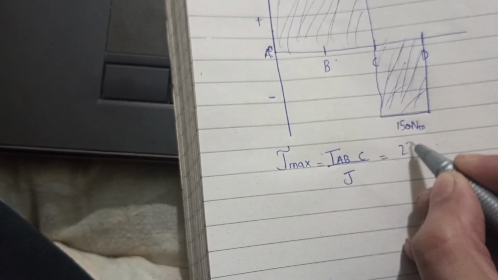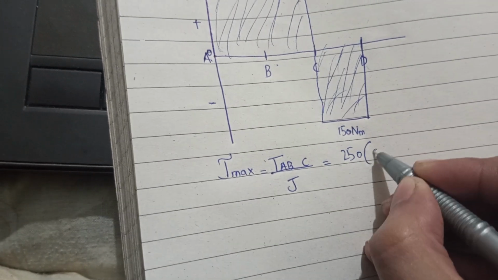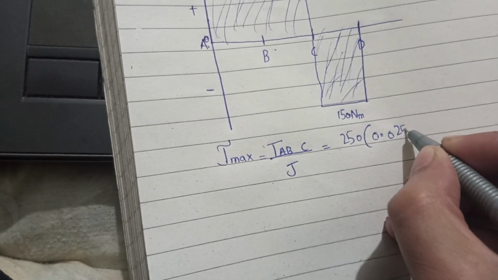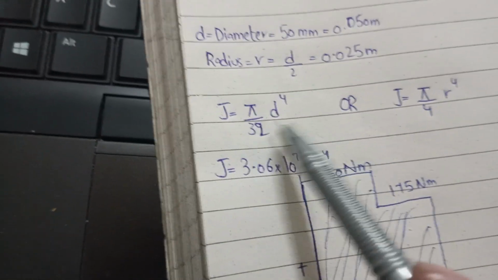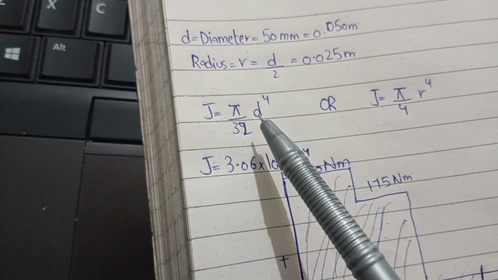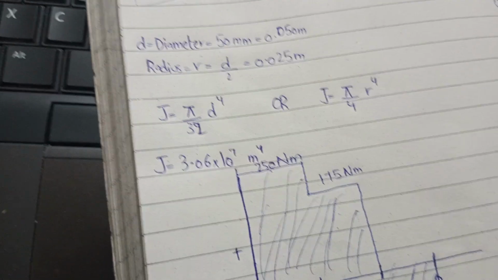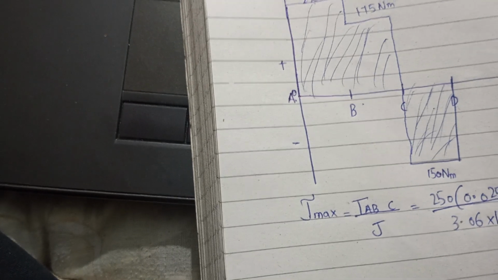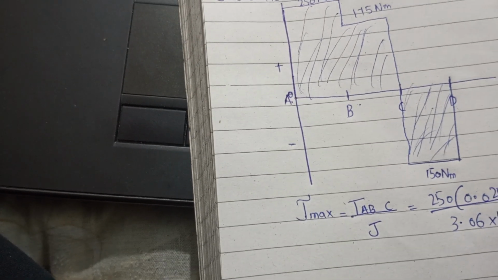So according to the formula, we put in the value 250, and the radius is 0.025, and the value of J is this, which we find by the diameter formula or radius formula. It is your choice. So here we write the value of the polar moment, which is 3.06 multiplied by 10 to the power 7.